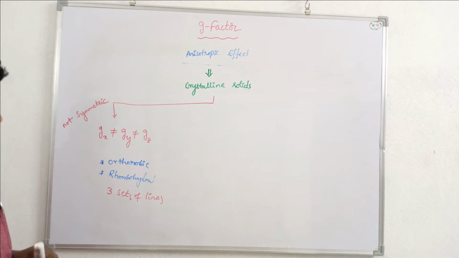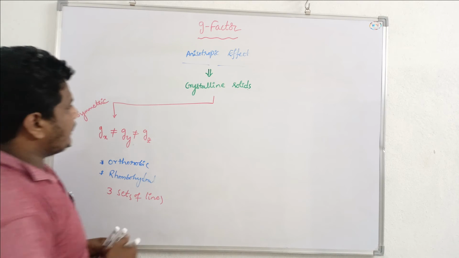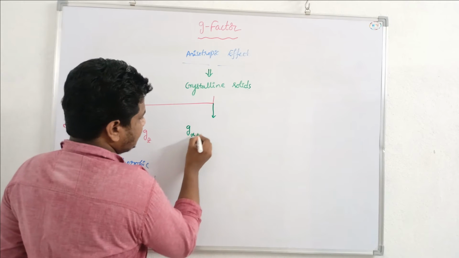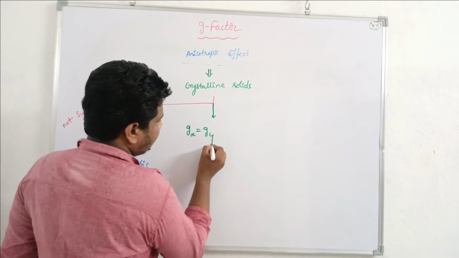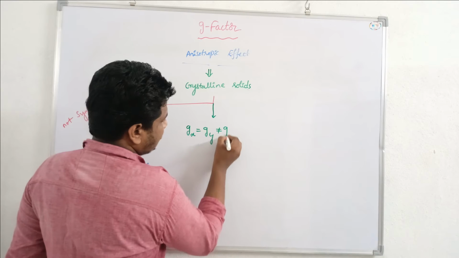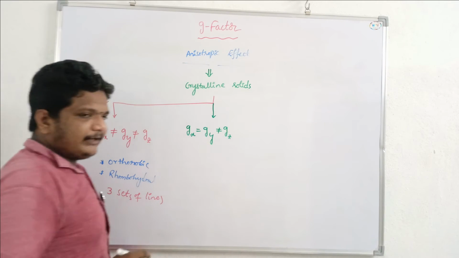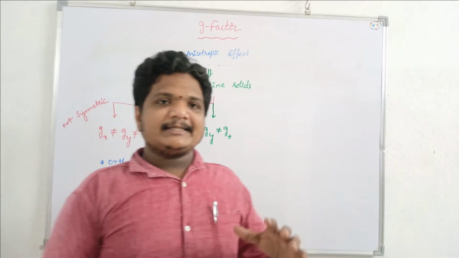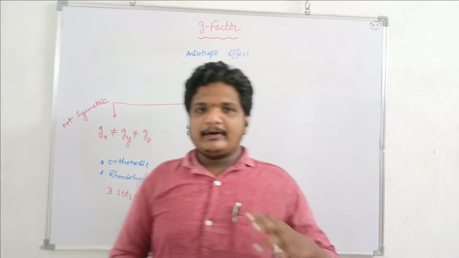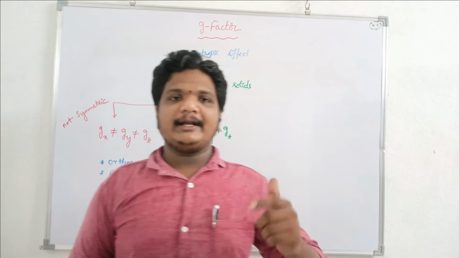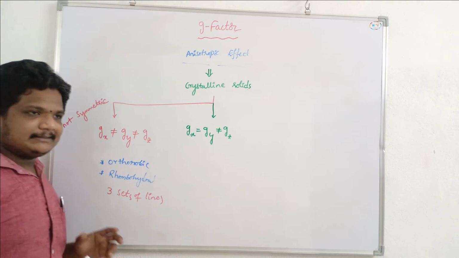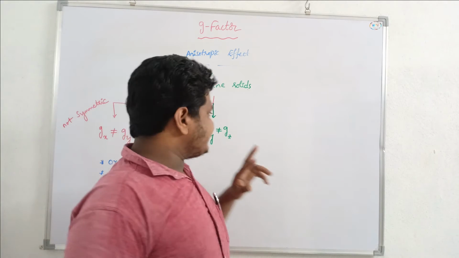The next case is where gx is equal to gy, but it is not equal to gz. Along the x-axis and y-axis we have the same electron density, but along the z-axis we have a different electron density. So here we have two kinds of electron densities.